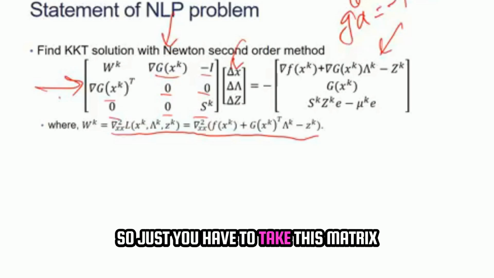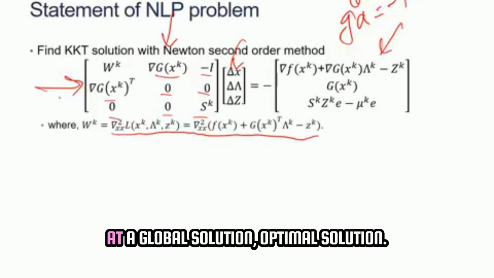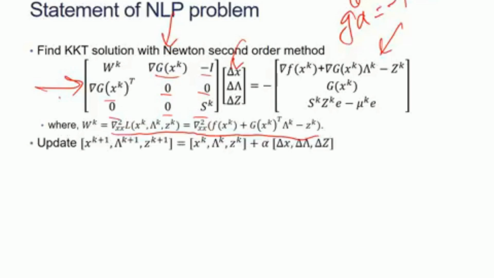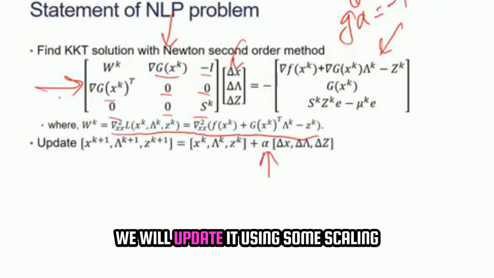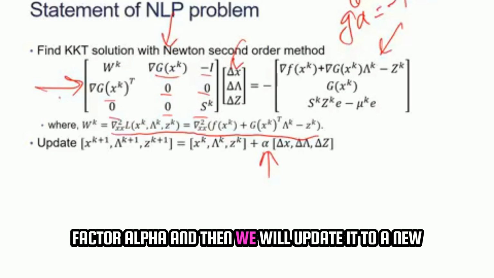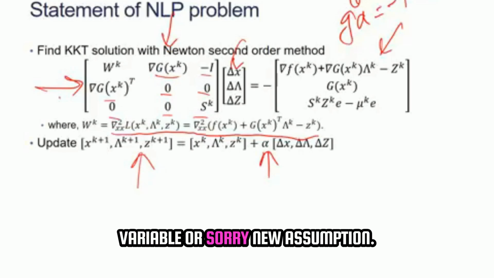So you just have to take this matrix inversion, and then you will iteratively update it, and then you will arrive at an optimal solution. And once you arrive at an optimal solution, we will update it using some scaling factor alpha, and then update it to a new variable, or sorry, new assumption.